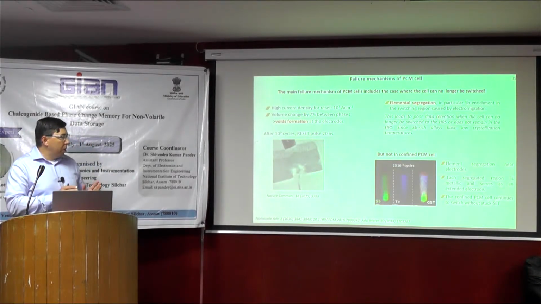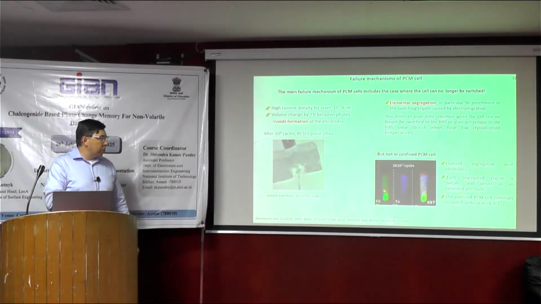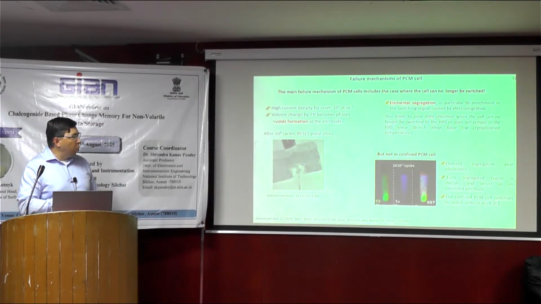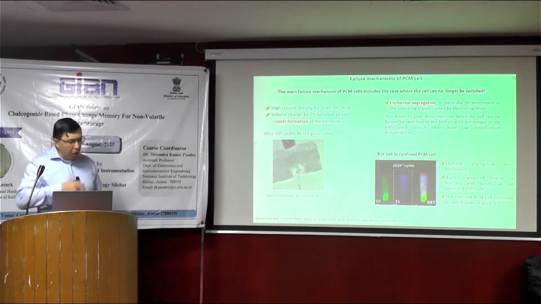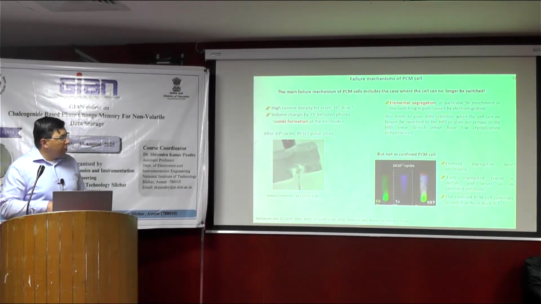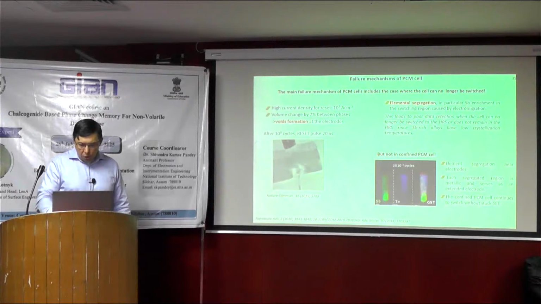If you confine your material to a size of like 7.5 nanometer, and this cell was cycled to the end of life, you see the elemental segregation, antimony-rich here, tellurium-rich there, and here a mix with more antimony. But in this case the cells still work, so it seems not to be an issue if you reduce the size of the cell.